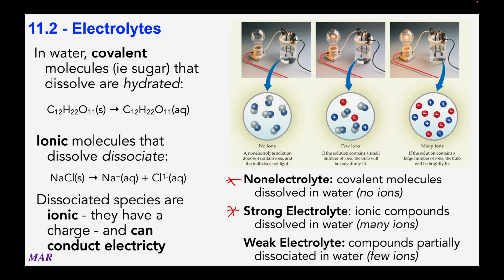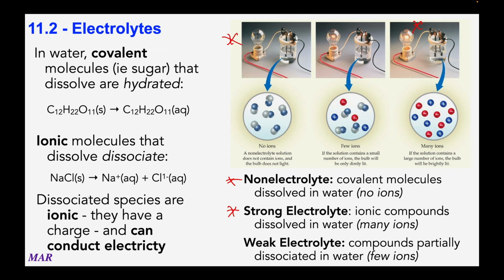And if you have lots of ions, the electrons can flow freely and you have conductivity of electrons. Strong electrolytes. So notice in those pictures on the far left there, there's no light in the light bulb when it's the non-electrolyte, like covalent bonds, because no electrons can go through. On the other hand, on the far right, you can see that light bulb is very, very bright, all right? Electrons flowing through it, no problem.